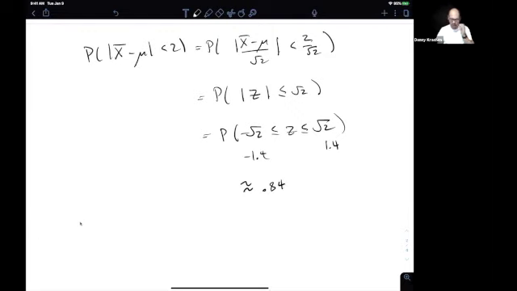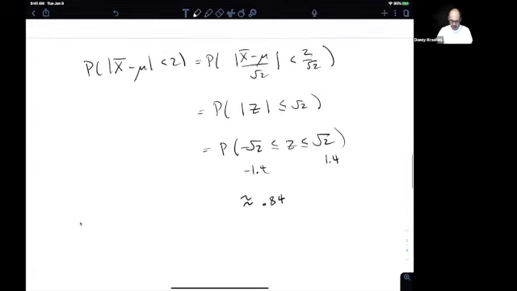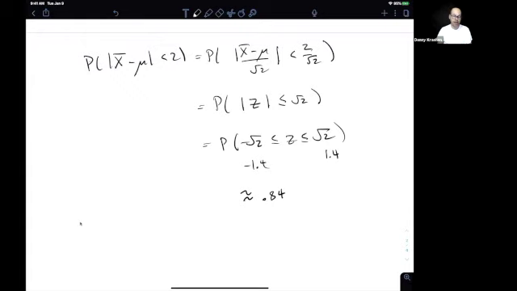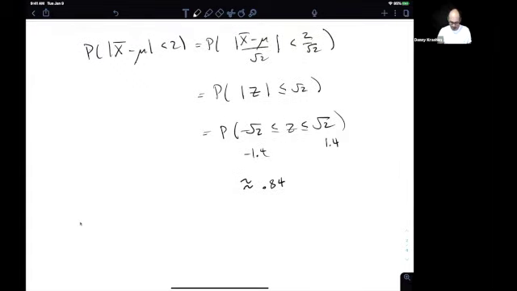So in other words, if we knew it was normally distributed, then the probability that the mean is within 2 units of my observed value is approximately 84%.